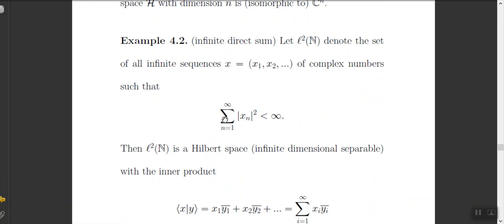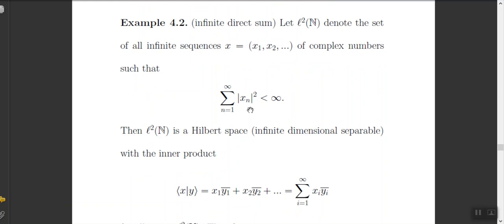Look at here, the sum of the absolute value of xn squared is less than infinity, which means convergent. It means L2n is the set of all square summable sequences of complex numbers. This L2n is a Hilbert space, which is infinite dimensional and separable. When we say separable, it means it has a countable basis.